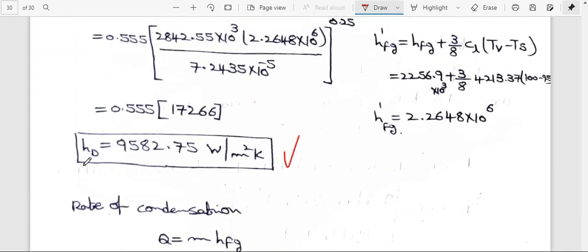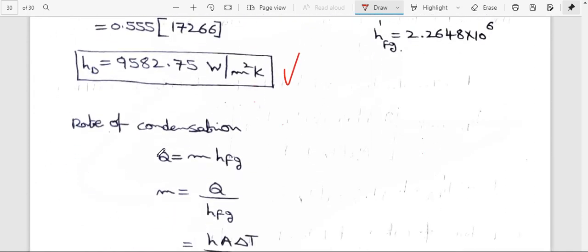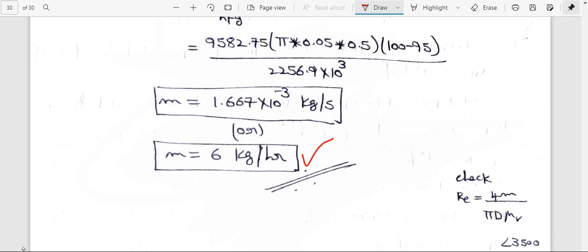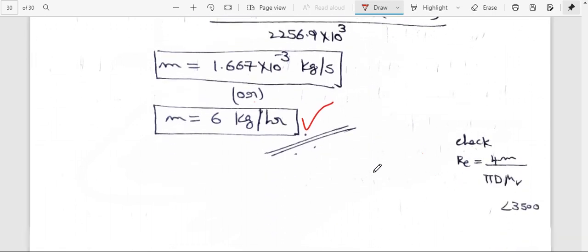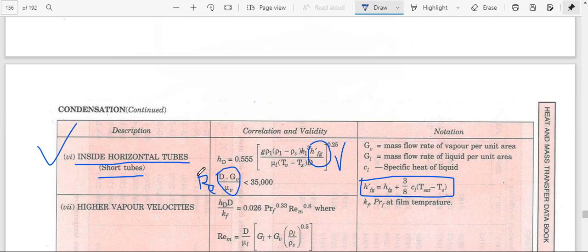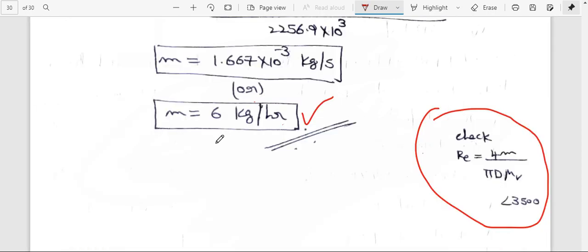After calculating the h value, the rate of condensation Q is equal to m h fg. So here m is equal to 6 kg per hour. In case of any doubts, we have to check that Re is less than this condition. So this is the Re value less than 3500. So this is the condensation concept.